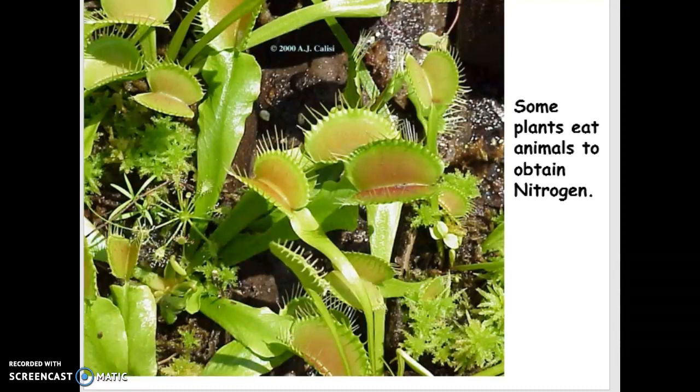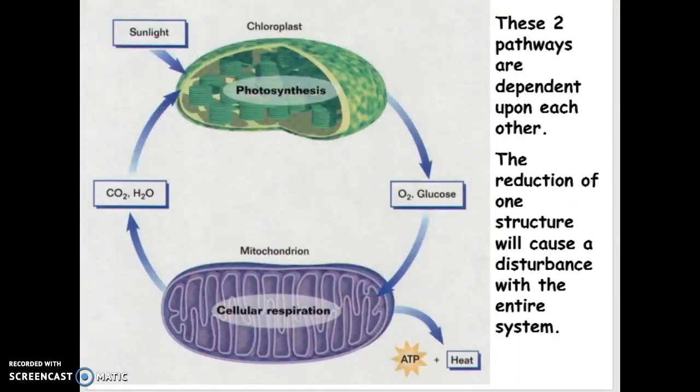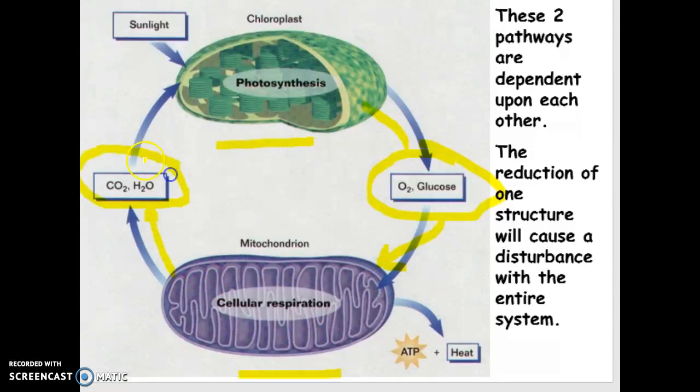Okay, so what we want to think about is how photosynthesis and cellular respiration work together. The end products of photosynthesis become the ingredients for cellular respiration. The end products of respiration become the ingredients for photosynthesis.